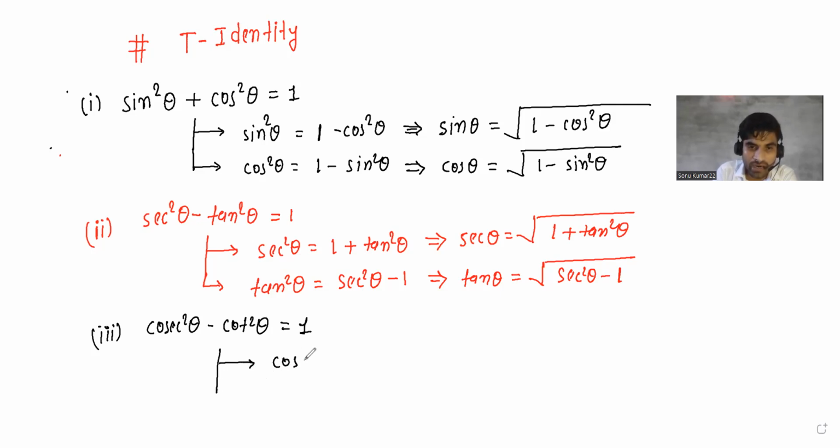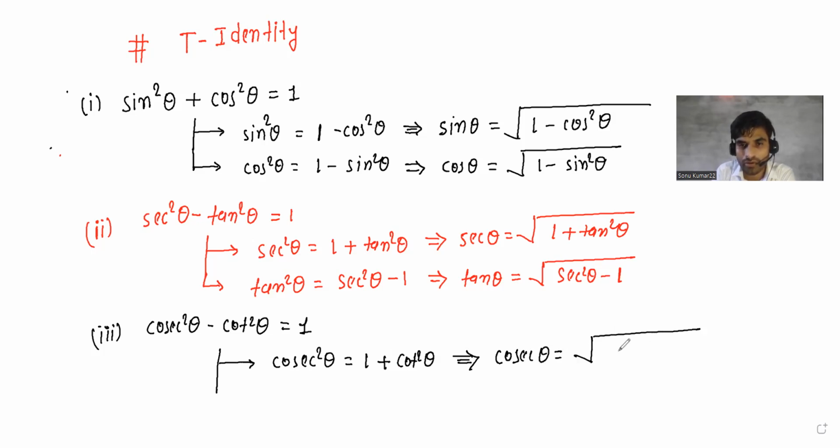So cosec square theta is equal to 1 plus cot square theta, as cot square going to the right side becomes plus cot square theta. Okay, from here we can find the cosec theta value is equal to under root 1 plus cot square theta.